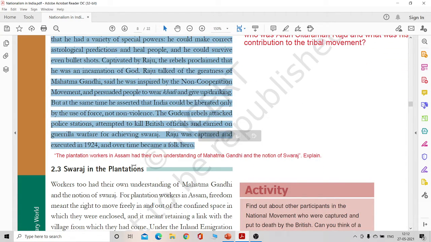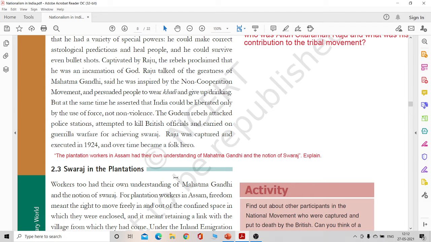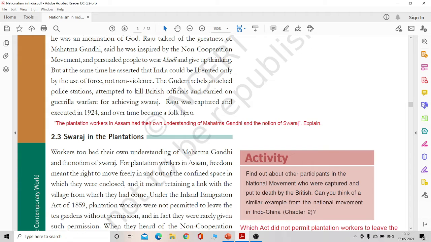Next, plantation workers were another social group. So the question sometimes can be: the plantation workers in Assam had their own understanding of Mahatma Gandhi and the notion of Swaraj. Explain.